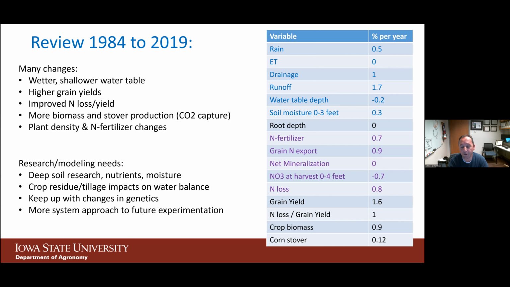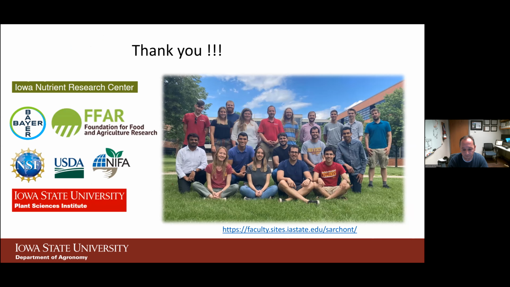In other words, collecting yields and only yields is not enough. We have to try to get more variables to represent the system and better test the performance of simulation models. And with that, I thank you for attending my talk, and I will be very happy to answer questions.